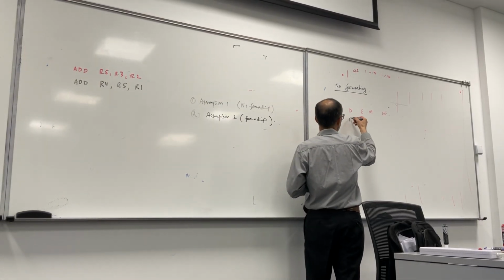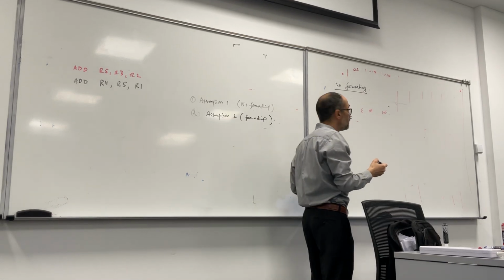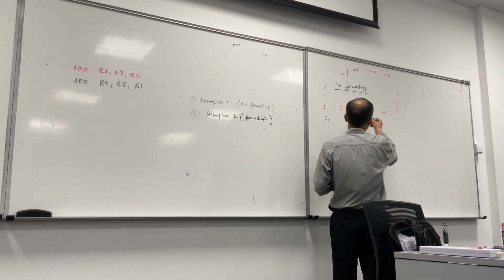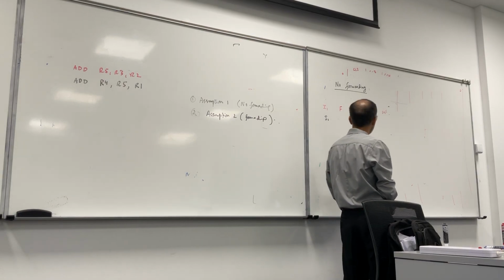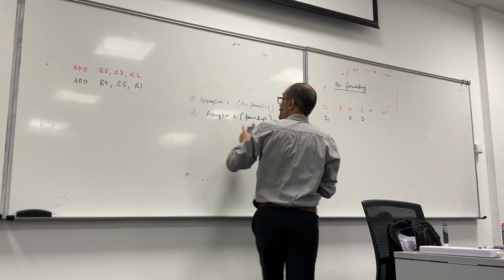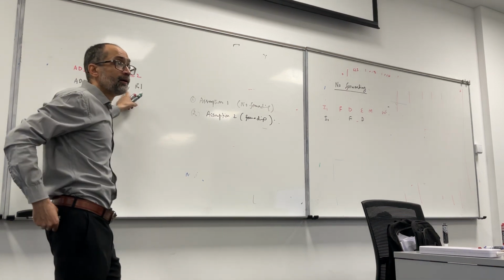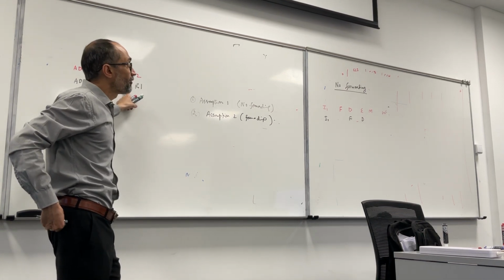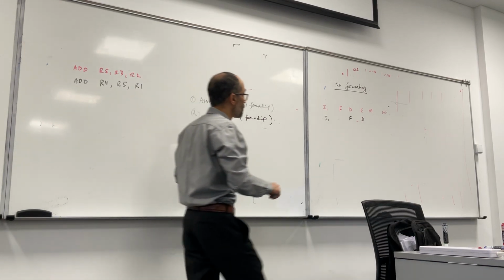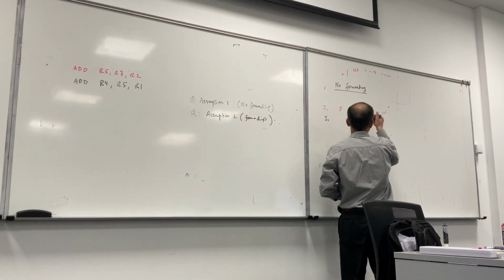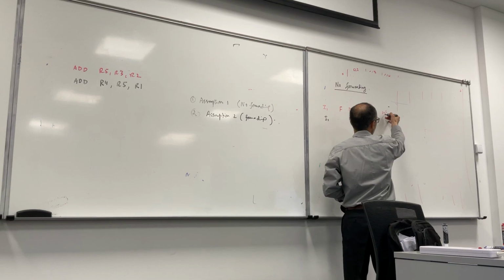We have fetch stage, then we have decode stage. But now the problem is that we need the value of R5. And R5 will be written in which clock cycle? Clock cycle 5. So how many stalls do we have? Stall, and now the value is written here.